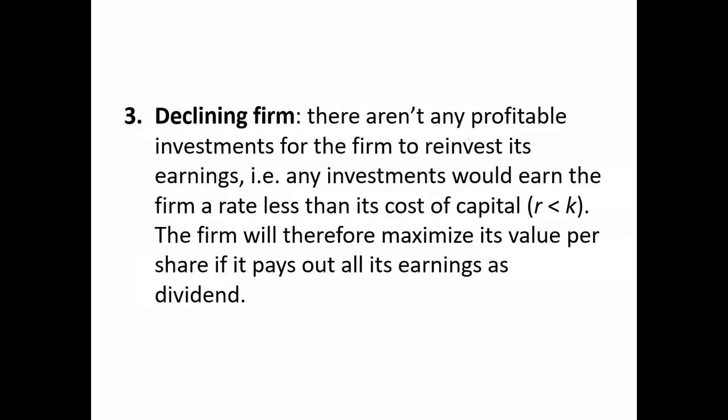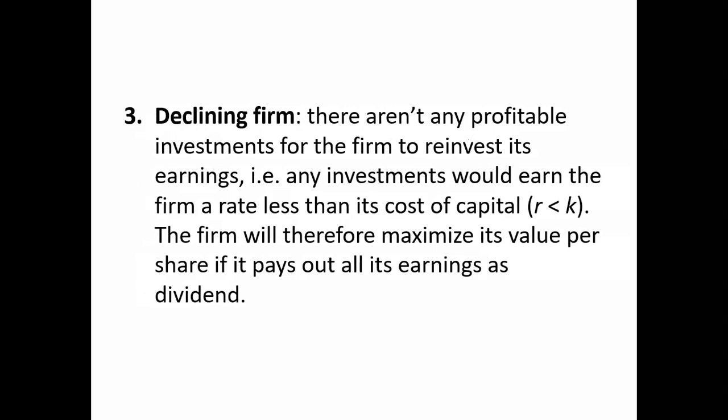So it is illogical to retain the company's earnings in the company itself. In fact, the best scenario to maximize the price of the share is to distribute the entire earnings to the shareholders. The optimum dividend payout ratio in such situations is 100%.